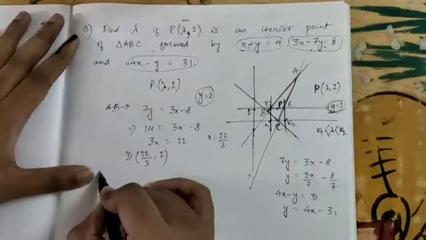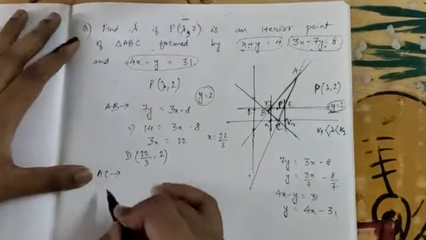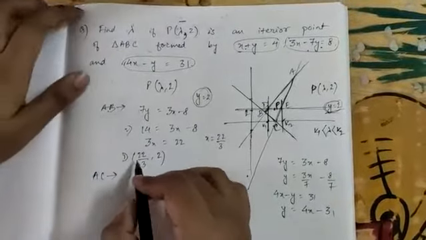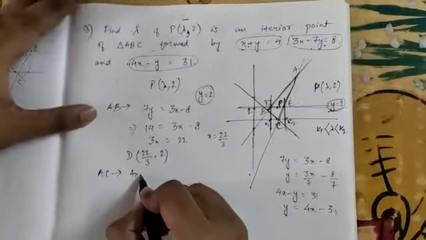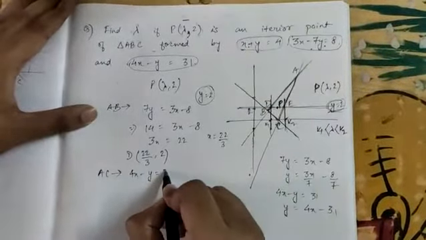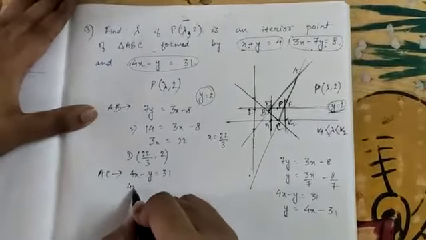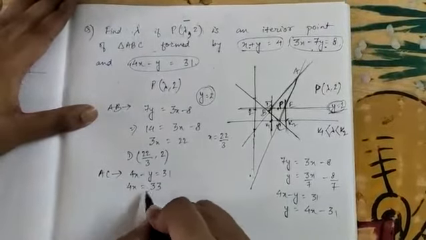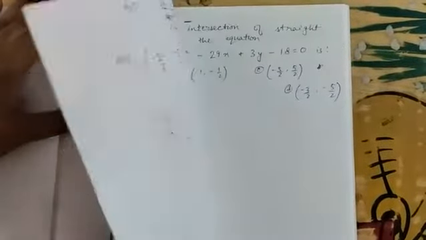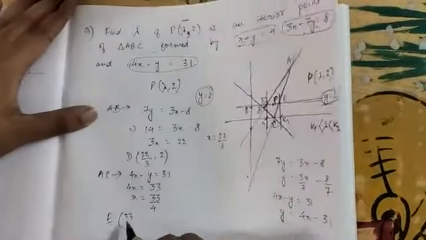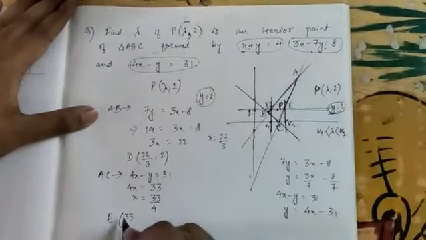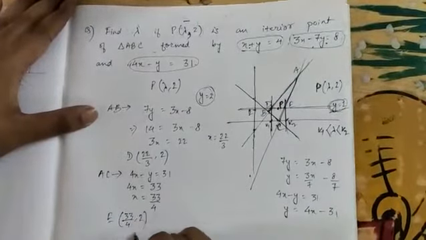Similarly, the equation of AC I have taken as 4x minus y equal to 31. So 4x is equal to 33, x is equal to 33 by 4. So E will be 33 by 4 comma 2.